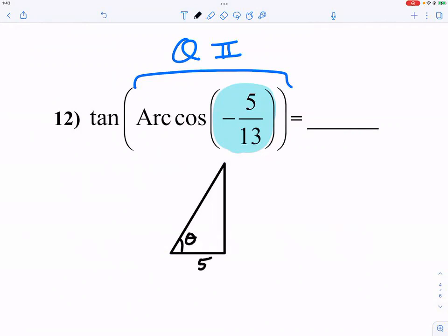That means adjacent is 5, hypotenuse is 13. And at this moment, there should be a number screaming in your head. And that number is? What's that number? 12. So now like 3, 4, 5, 5, 12, 13, those are Pythagorean triplets. If you're taking the SAT, you should really know them by heart.